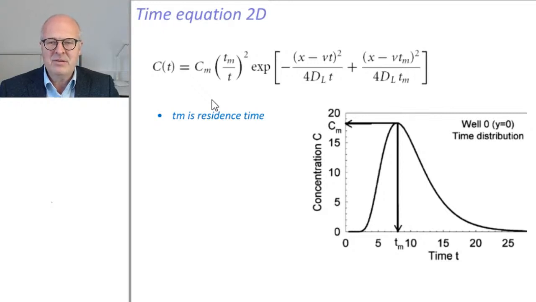So if we divide the volume by the flow, we get residence time. And if we then re-express this equation as residence time, we get a normalized function which has the residence time as given here. So this is a nice addition.